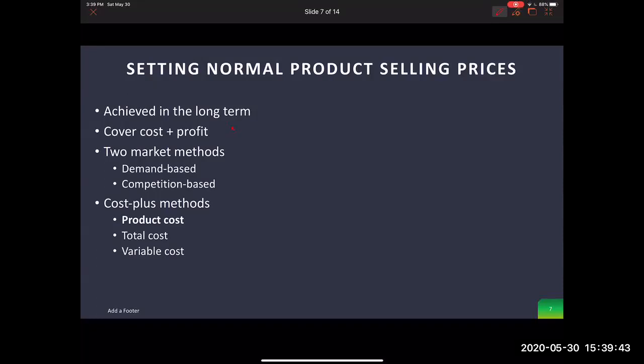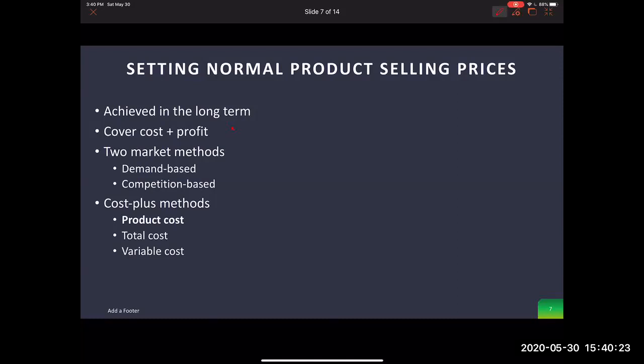Now there are 2 different methods in which we can do this: demand-based and competition-based. This is where your economics class comes into play. If you haven't taken economics yet, or you're going to take it coming up, this will all make sense. Demand-based, setting the price based on demand, is exactly what it sounds like. It's that supply and demand, the demand that's needed, that's how you set your price. If it's competition-based, a really good example is Tide and Gain.